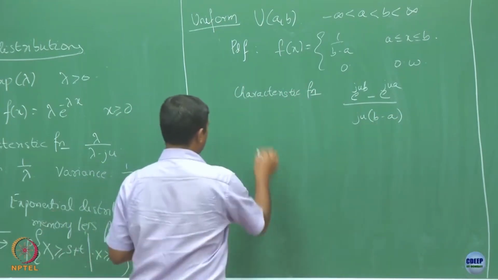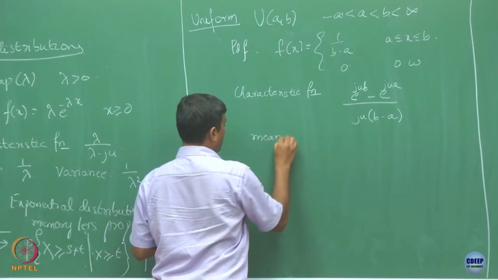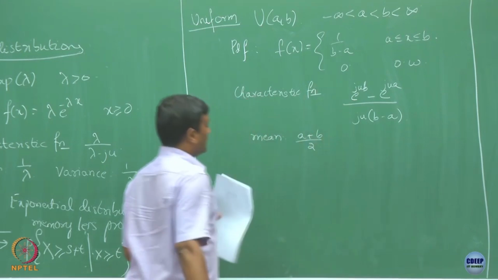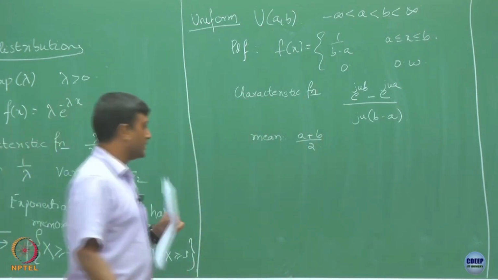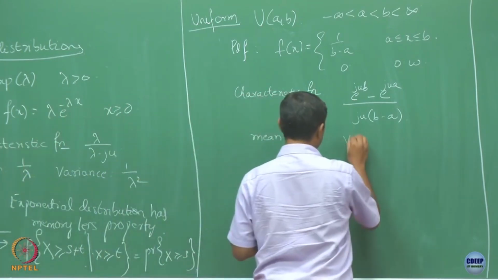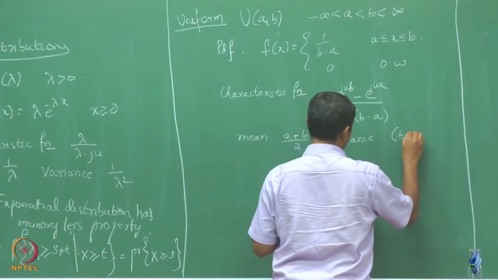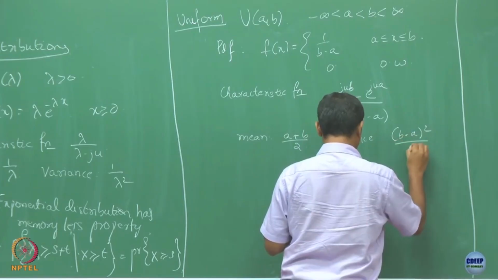Its mean you can work out to be simply the average of the points a and b, and its variance is b minus a whole square by 12.